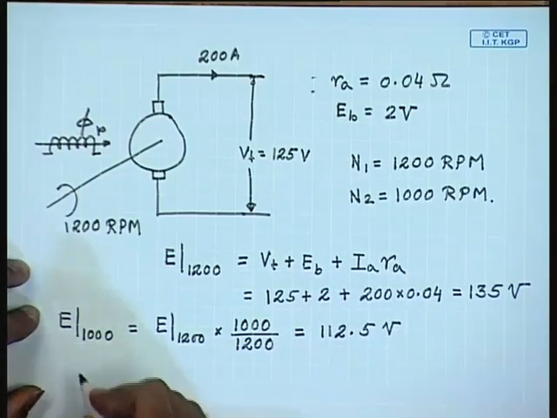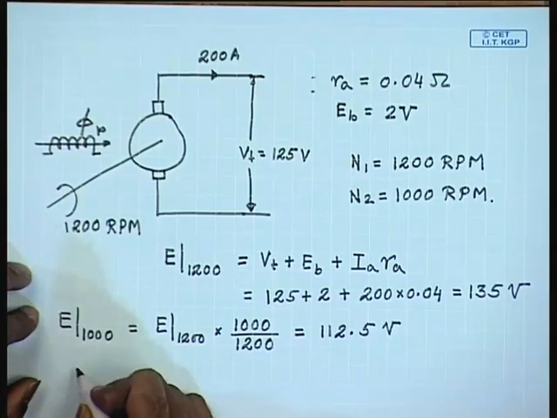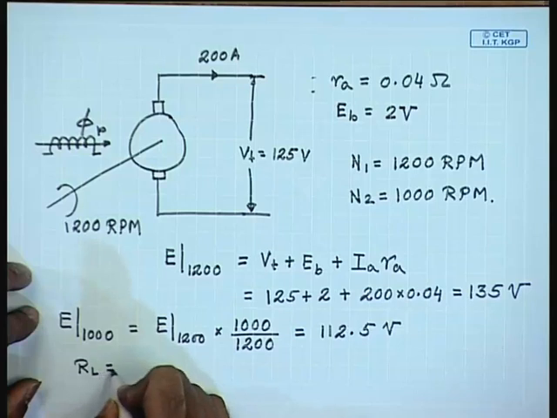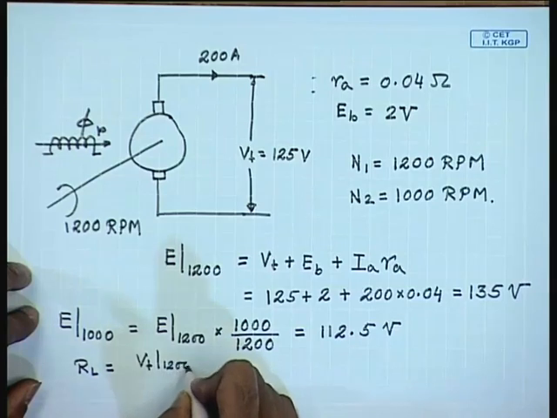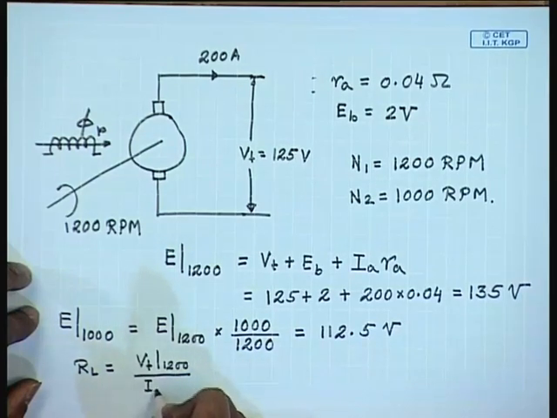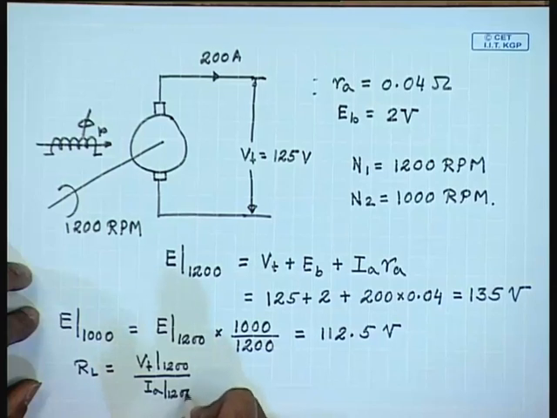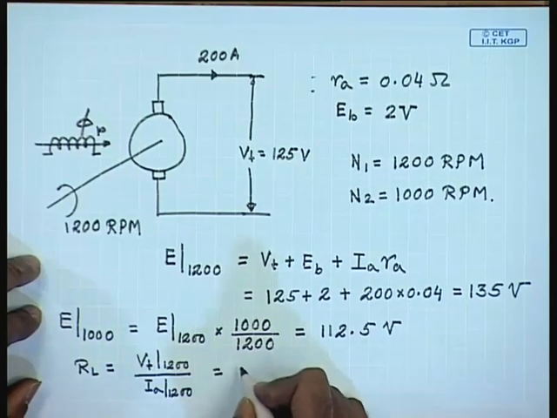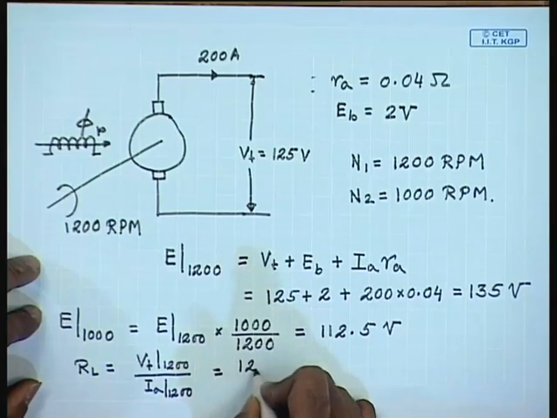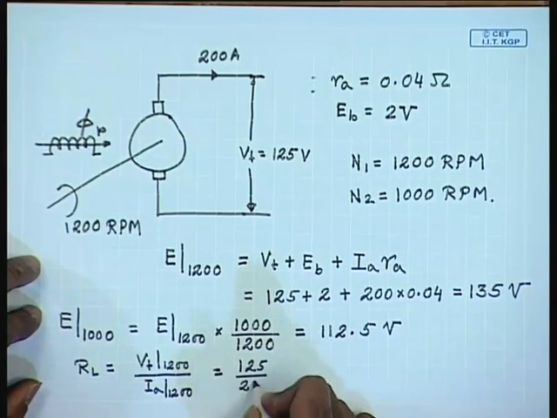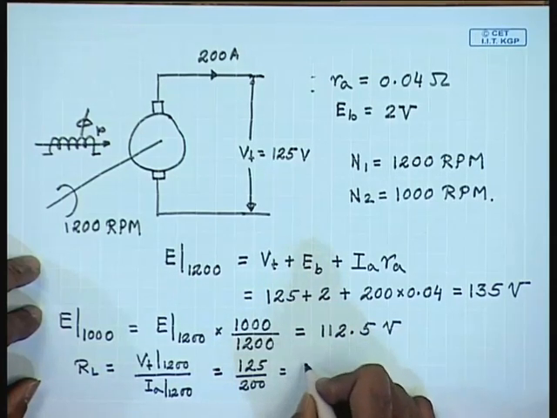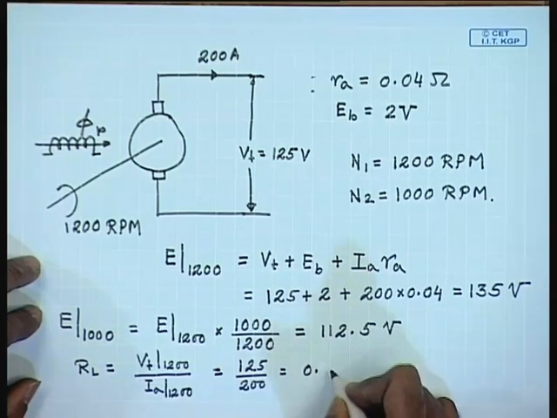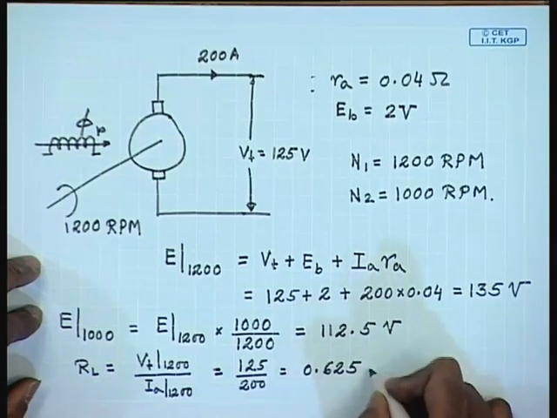What is the load resistance RL? RL equal to Vt at 1200 rpm divided by Ia at 1200 rpm. This is 125 by 200 equal to 0.625 ohm.